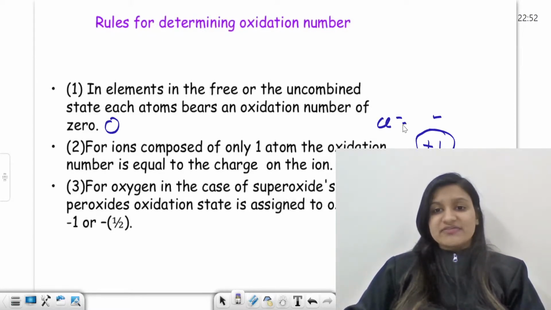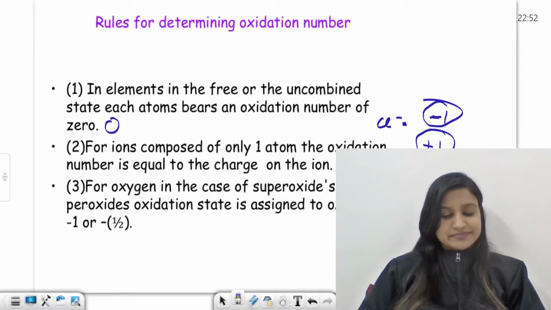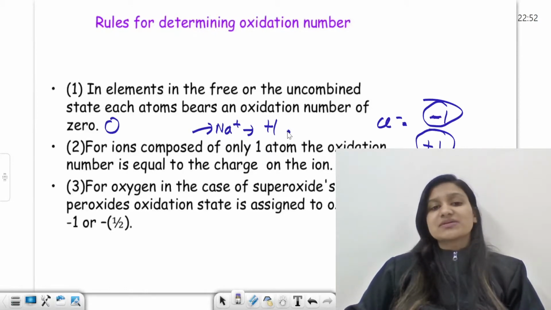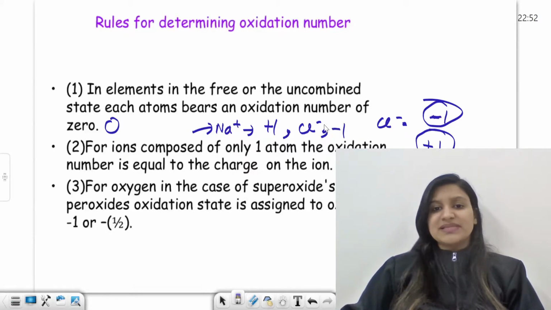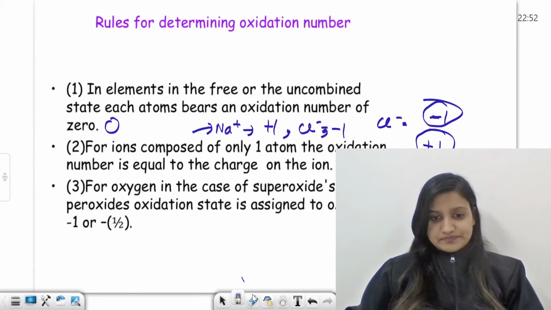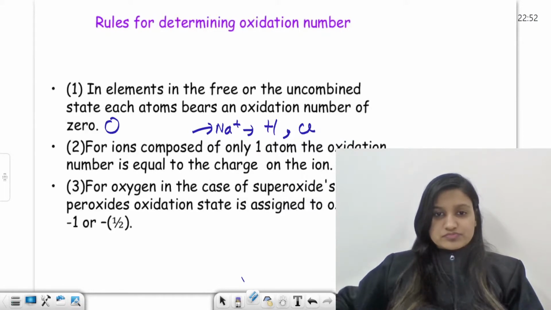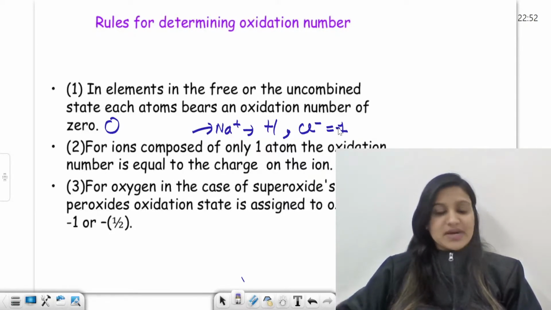If it is Cl negative, the oxidation number will be -1. Okay?